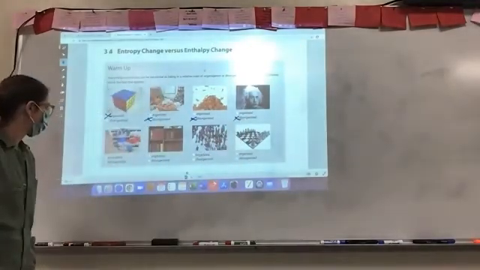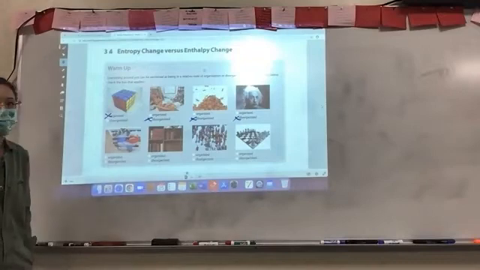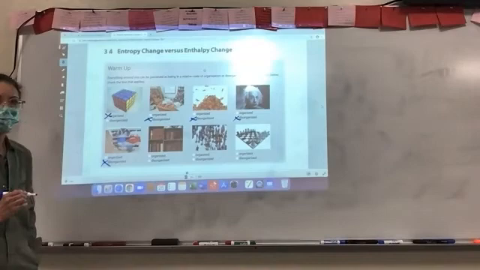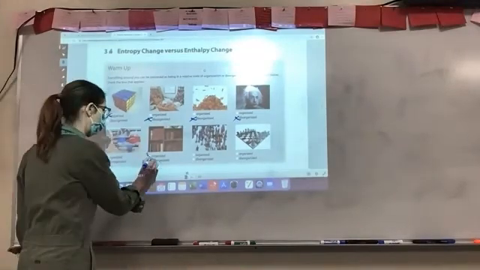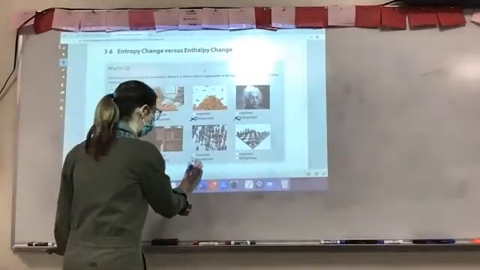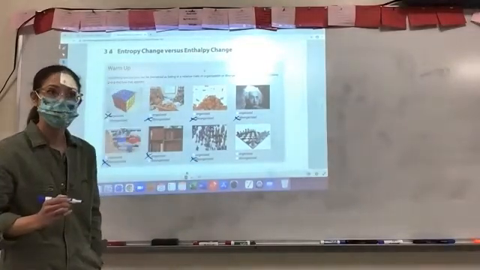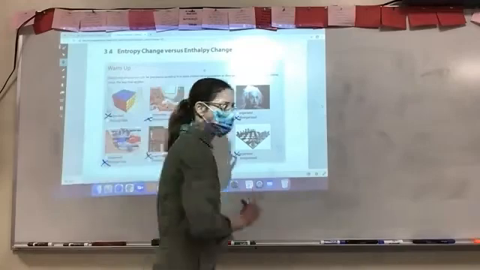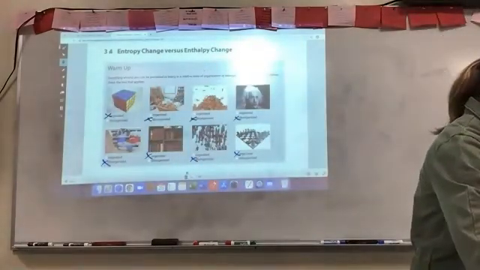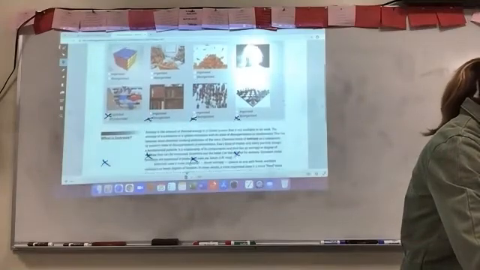Okay. We've got a dresser with a bunch of clothes hanging out of it. Disorganized. How about the books on the shelves? Organized. Okay. How about the people walking down the street? Disorganized. And then how about the chessboard? Organized.